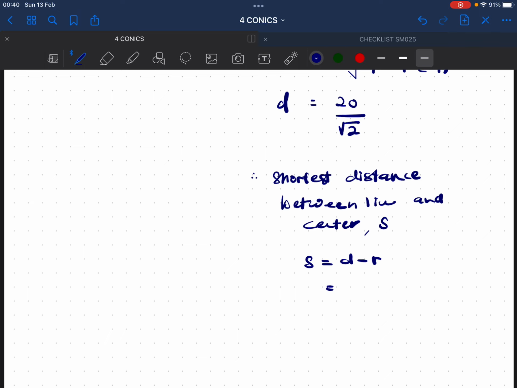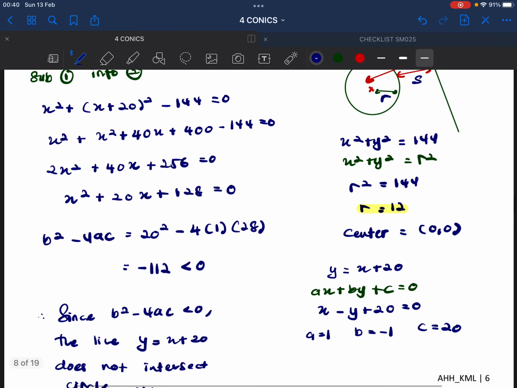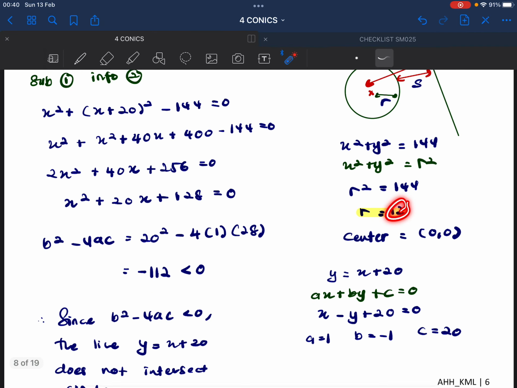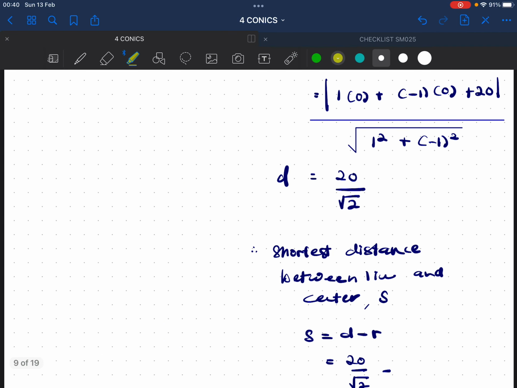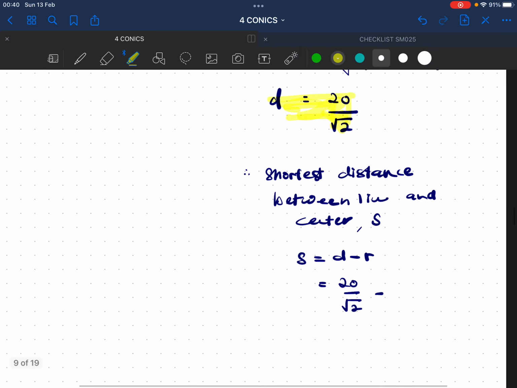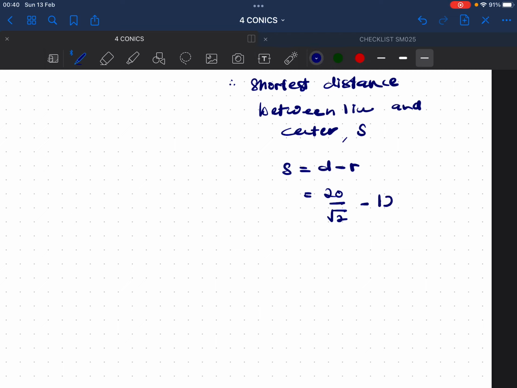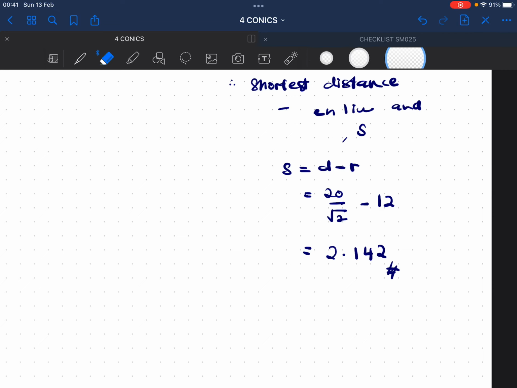We get d as 20 over square root 2, and our r here is 12. Put everything in your calculator and you get 2.142, and that's going to be the shortest distance between the line and circle.